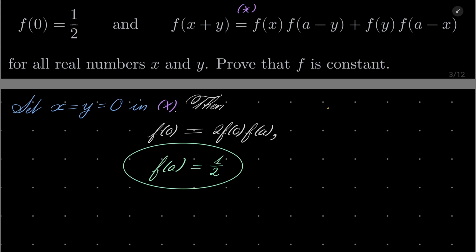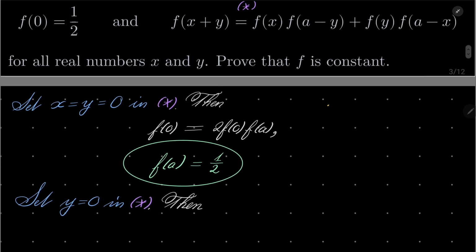Now let's set just y to be 0 in our condition, which I mark asterisk. Then we have the following: f of x equals f of x times f of a plus f of 0 times f of a minus x.